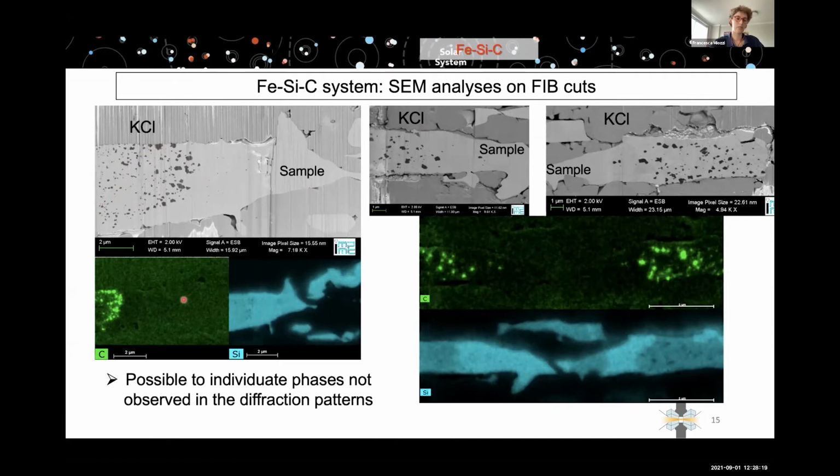And this chemical mapping on carbon and silicon allows us to distinguish them as diamonds. As a matter of fact, where we have this bright spot in the carbon map, we also have these very dark patches in the silicon map, and that's enough to tell us that these are diamonds, so they should be considered in our reconstruction of the ternary system.